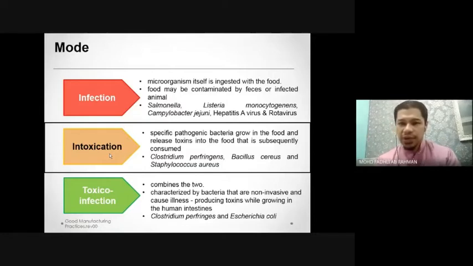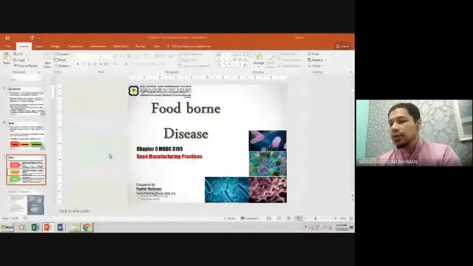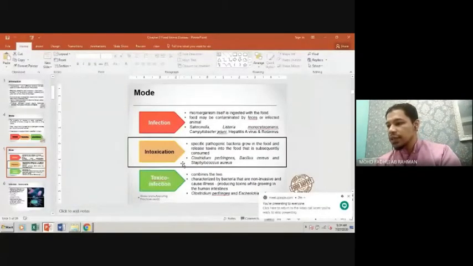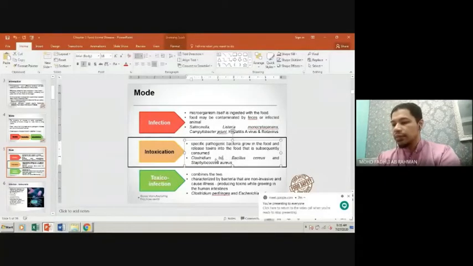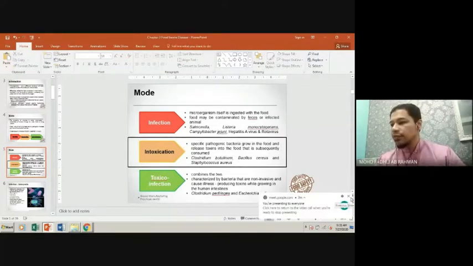Compared to intoxication, where they release the toxins into the food, toxico-infection produces the toxin while growing in the human intestine. The examples are Clostridium perfringens and Escherichia coli, or E. coli. Sorry, I think this one is not Clostridium perfringens. Here it is Clostridium botulinum for intoxication. Clostridium perfringens is toxico-infection.